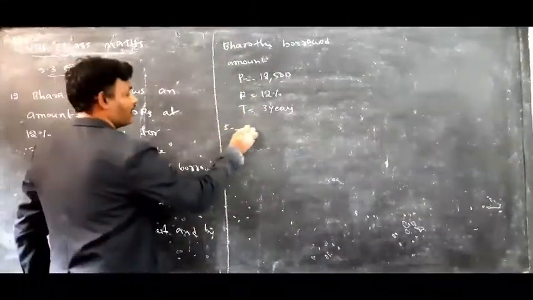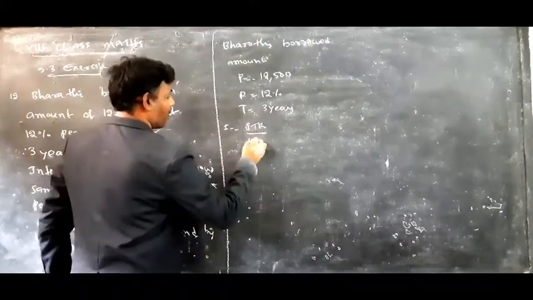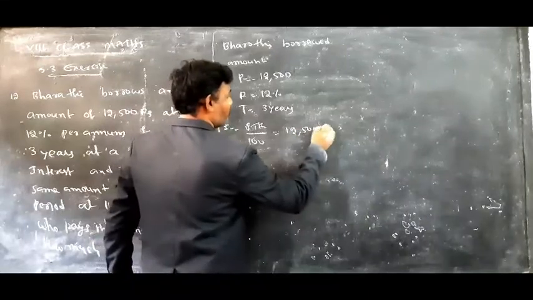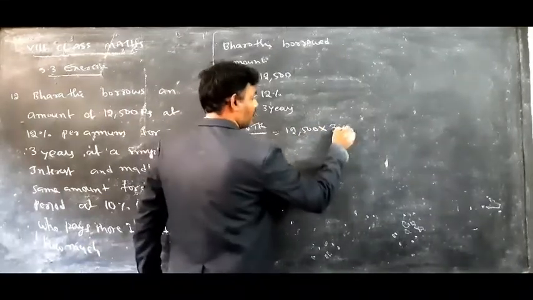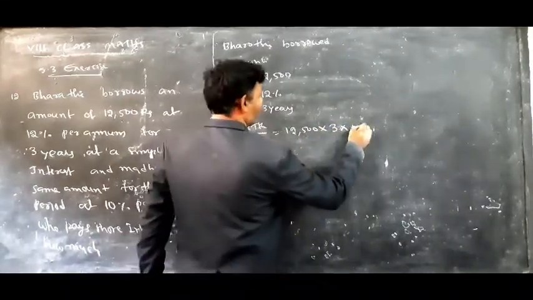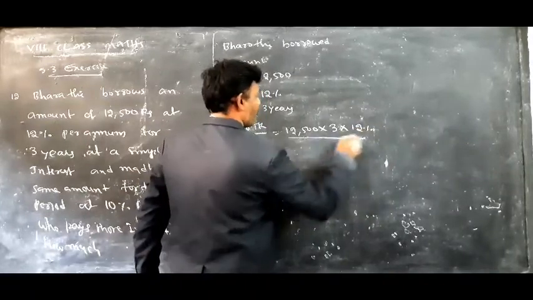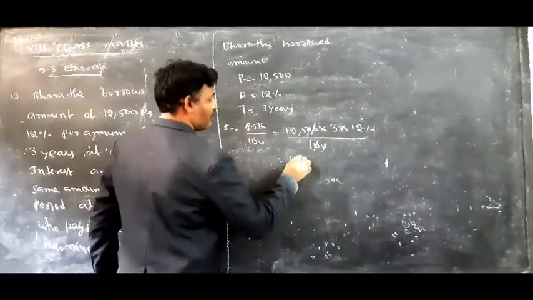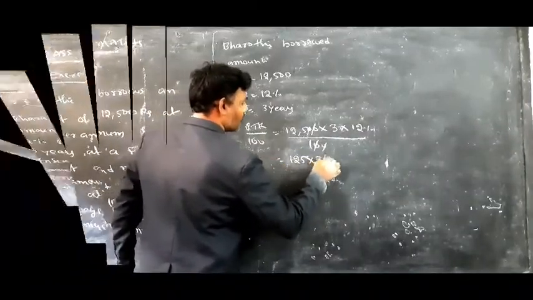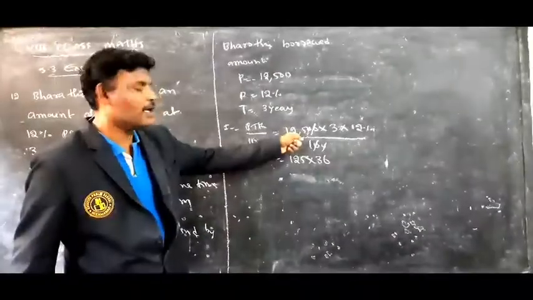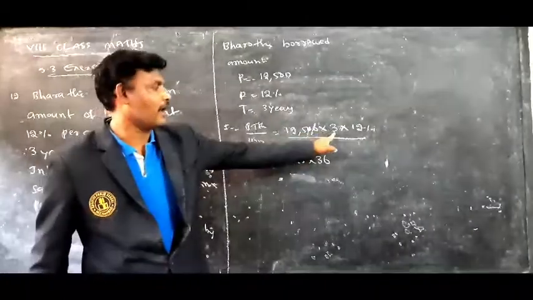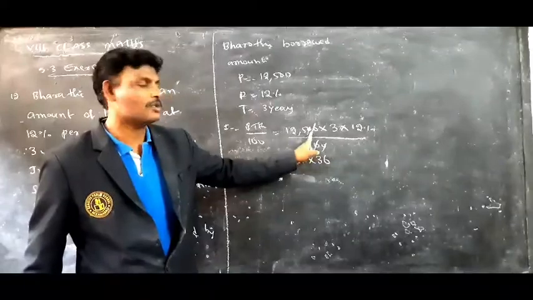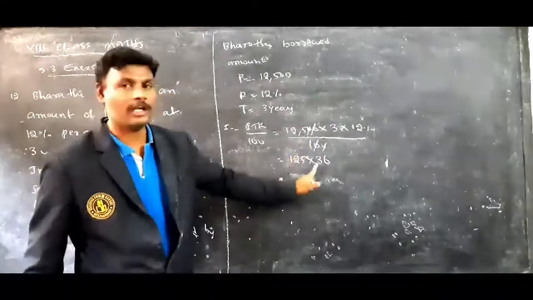Now I is equal to PTR by 100. P is 12,500, T is the time period 3 years, and R is the rate of interest 12%, by 100. Two zeros are cancelled, so it is 125 into 36.